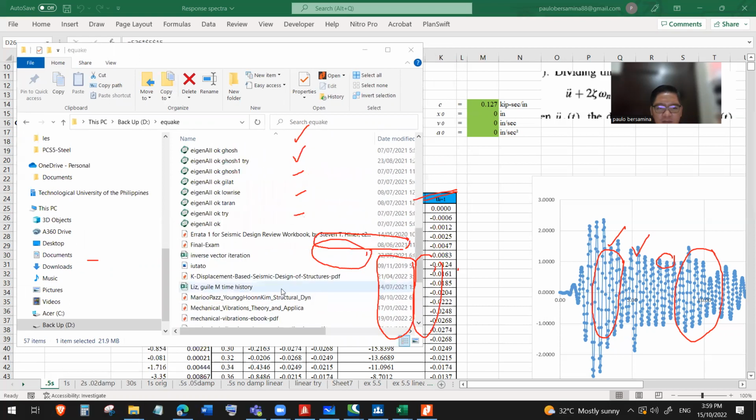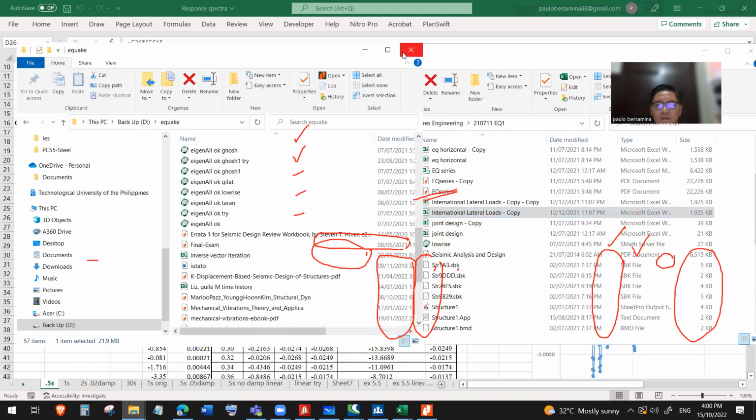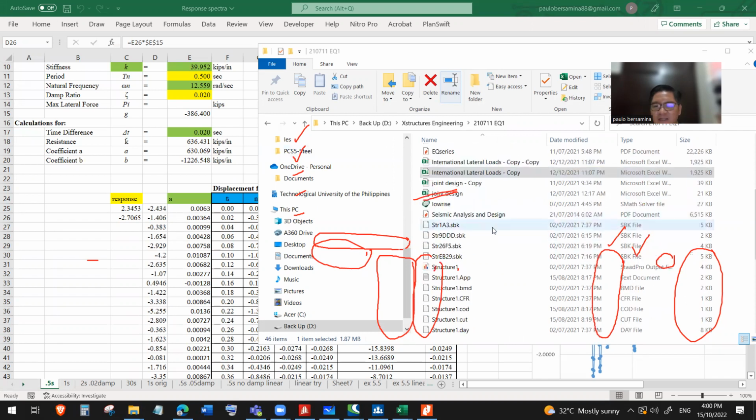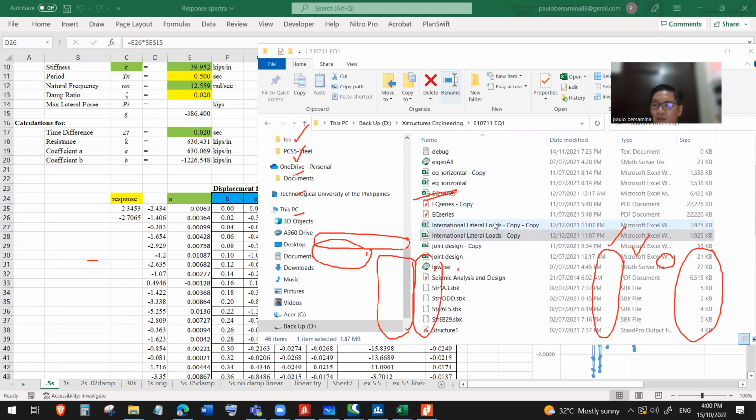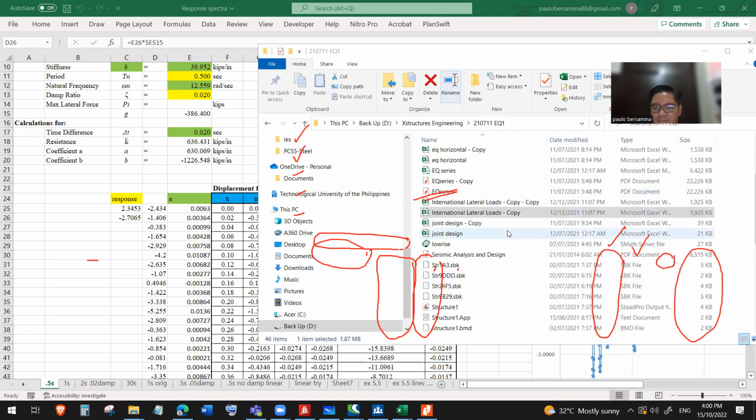Kasi as you saw sa Teams, this is one of your take-home exam. Gagawa kayo ng response spectra. So, syempre, babaguhin ko lang yung ground motion.